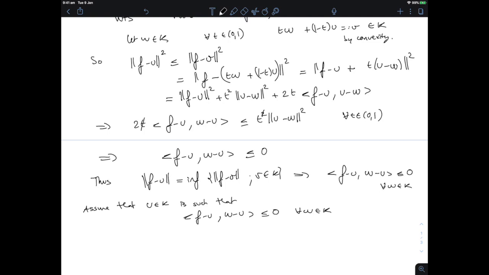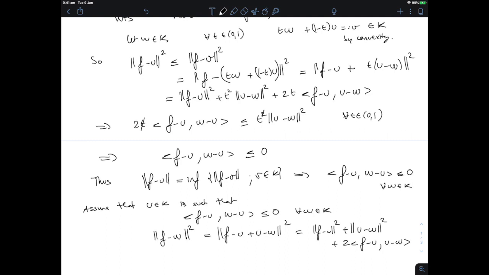Now what can I say about the norm of f minus w squared? I can say that it's the norm of f minus u plus u minus w, squared. I can expand again this norm squared and get the norm of f minus u squared plus the norm of u minus w squared plus 2 times the inner product of f minus u with u minus w.